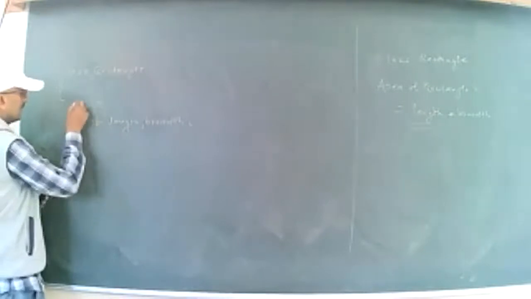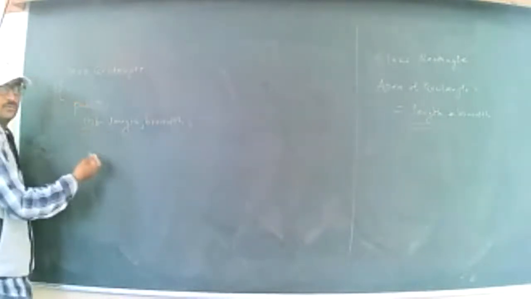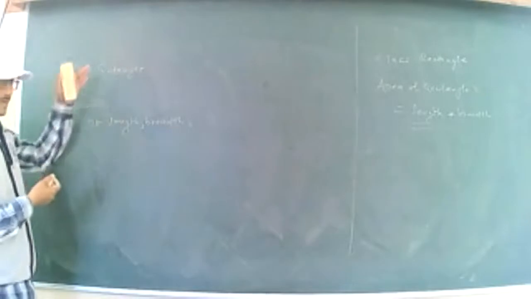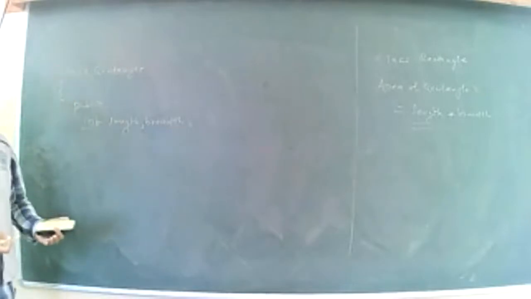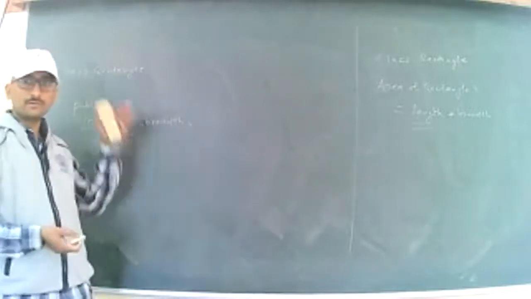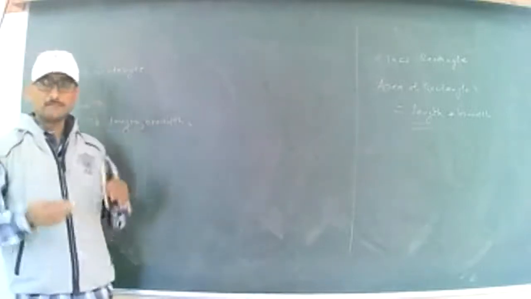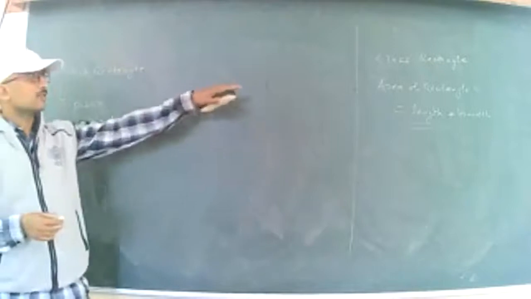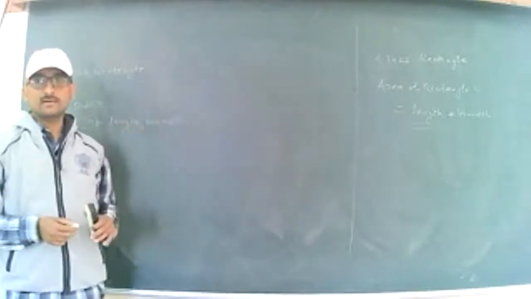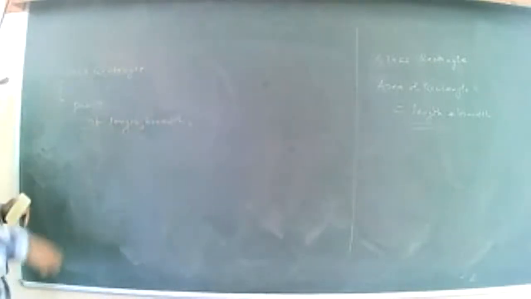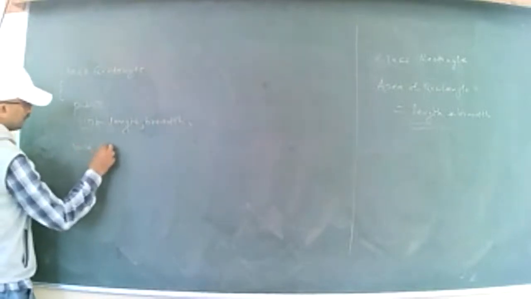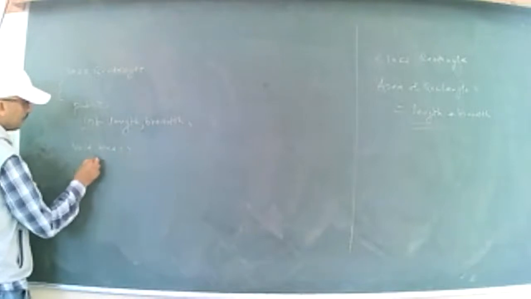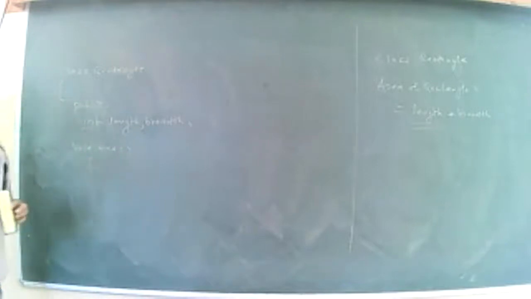Now these are the variables that are going to be used in your class rectangle. Now, what is the functionality that we are going to implement with the help of this class rectangle? We just have to find out the area of the rectangle. That is nothing but a method we are going to define, that is void area.